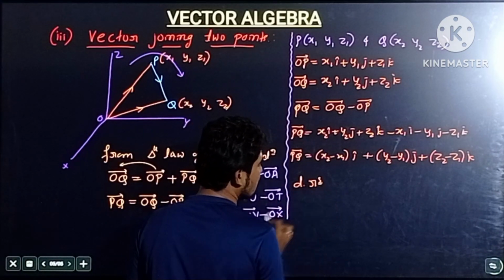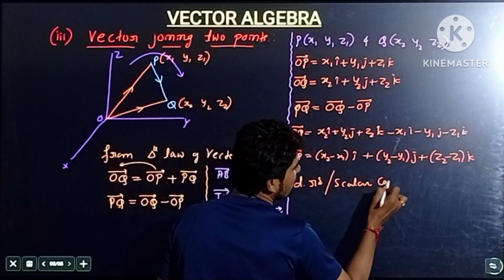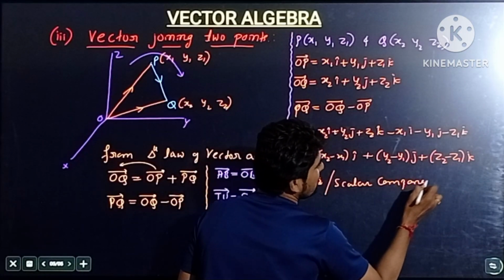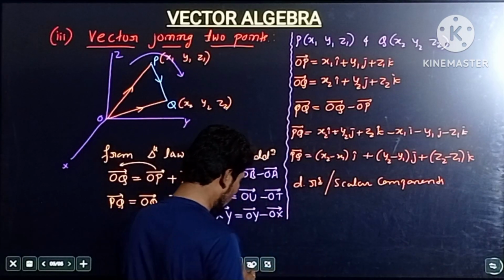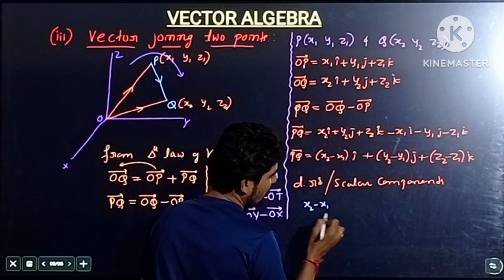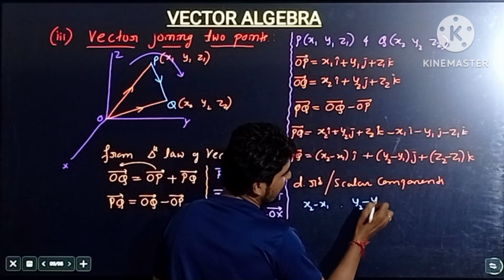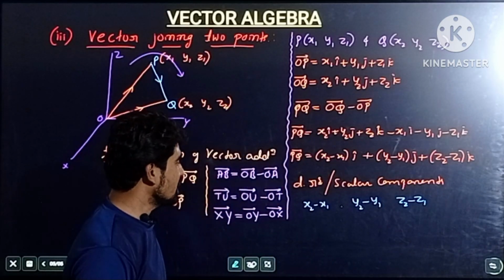So the scalar components or direction ratios of the PQ vector are x2 minus x1, y2 minus y1, and z2 minus z1. I hope all of you understand.